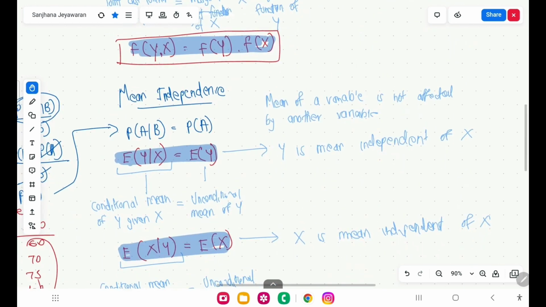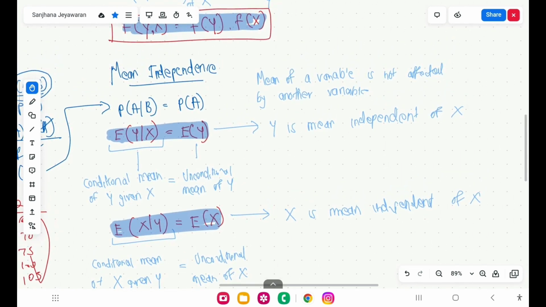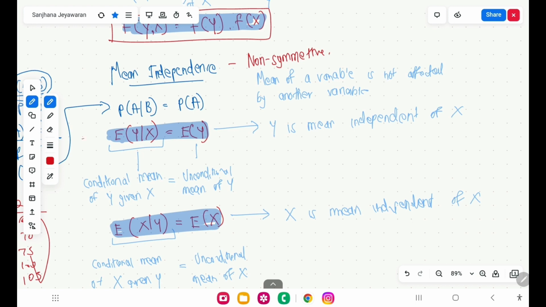But in mean independence, just because the first part is satisfied, that doesn't mean the second part is satisfied. We have to again do the proofs and see whether it gets satisfied. So because of that, we call this concept not symmetric. If you prove this, that doesn't mean this gets true. You have to again prove and see whether that is true or not.